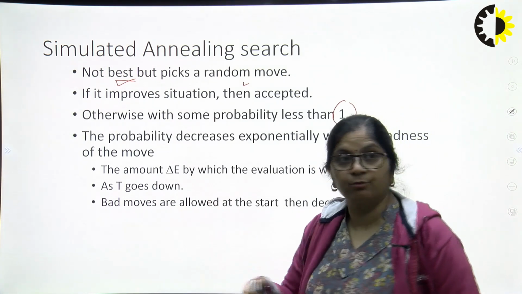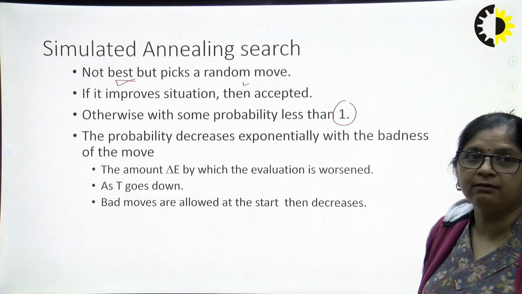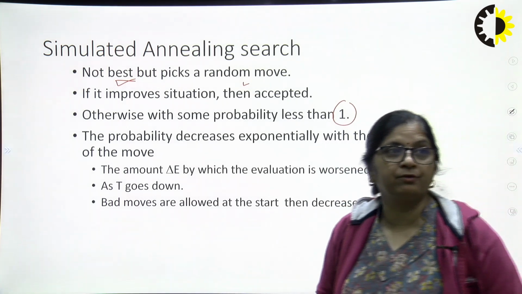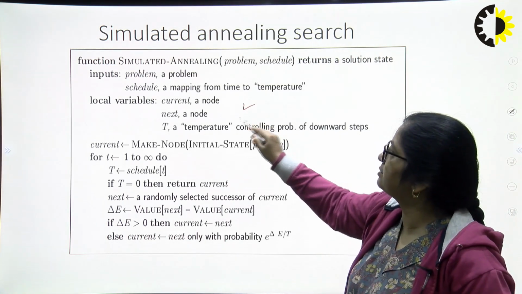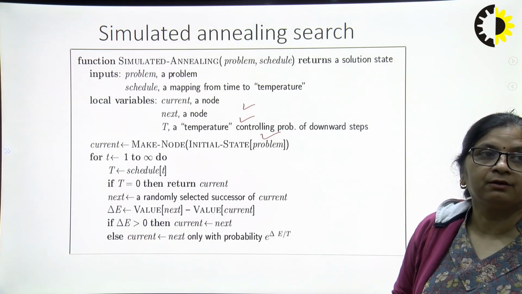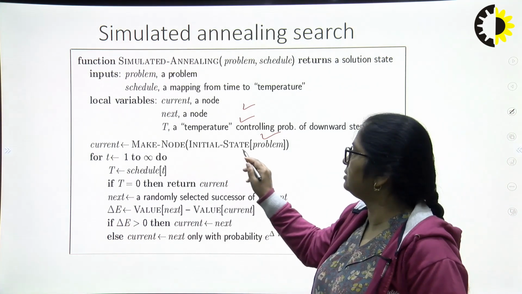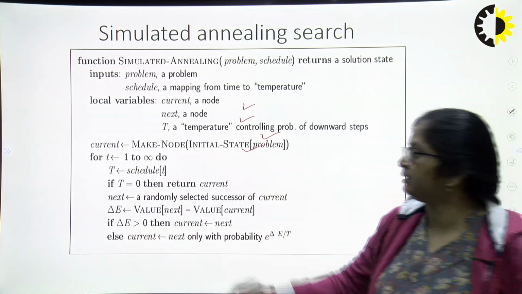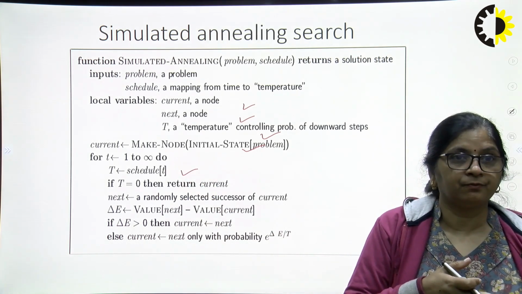As T goes down, meaning with time, bad moves are allowed at the start, then decrease. So what will we have? We will have the current node, the next node and the schedule, which decides how to take the downward steps. We have the initial state, and we take the temperature schedule, how much to decrease.